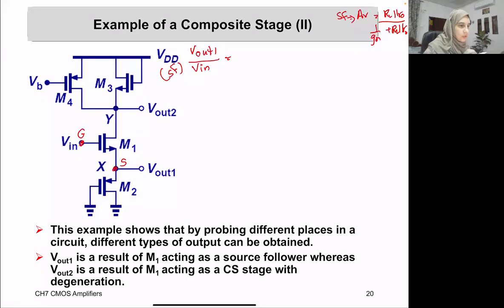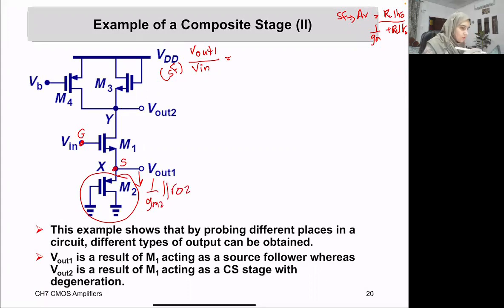Okay, so now we need to identify where our RL is. RL is basically the resistance that is connected at the source side. So here RL is basically formed through M2, and since it is from the side of the source of M2 as well, we will see 1 over GM2 in parallel with R out 2.